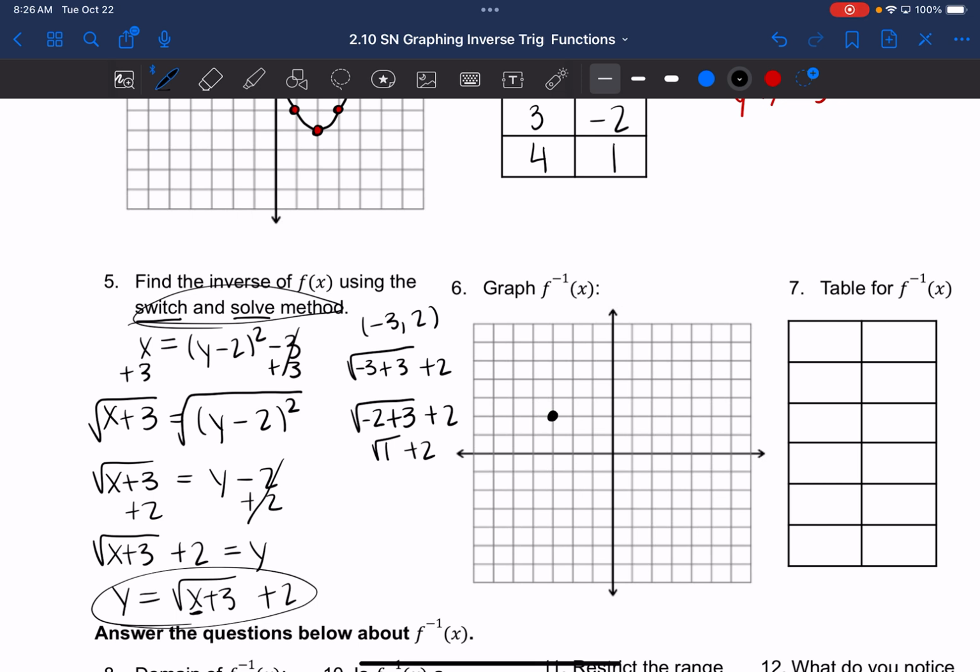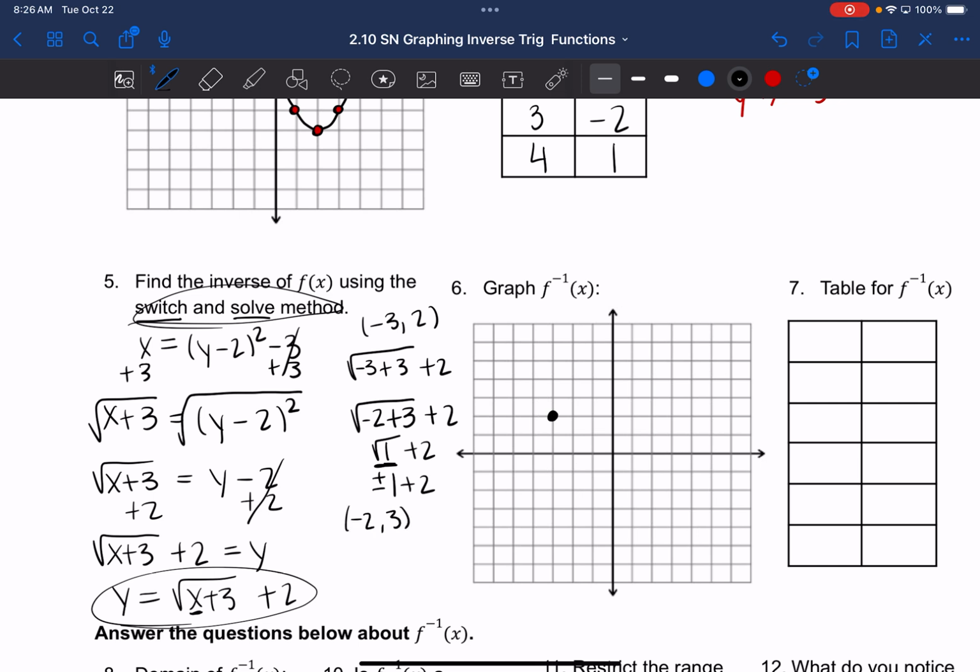Now remember when I take the square root, I'm asking myself what multiplies times itself to give me that number, right? Is 1 times 1 the only thing that gives me 1? What else? Negative 1. Negative 1 times negative 1. So really, this is positive or negative 1 when I take the square root, right? Plus 2. Okay, so what would 1 plus 2 be? 3. Okay, so it gives me the coordinate point negative 2, 3.